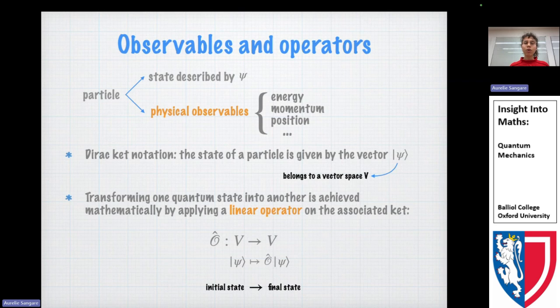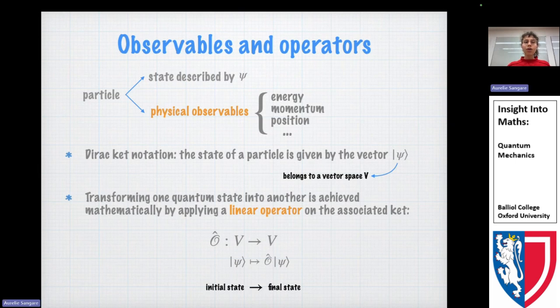Now, your particle has some quantities like energy, momentum, and position that can be computed. So they are physical quantities that you can measure. And that is precisely the definition of a physical observable. A physical observable is a physical quantity that you can measure.